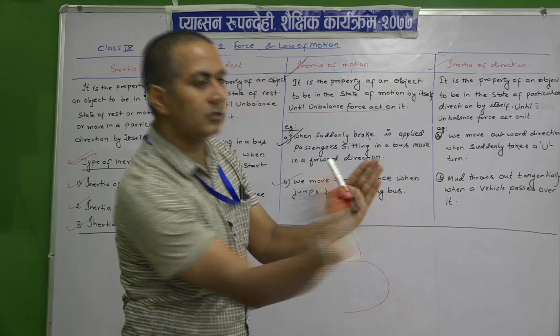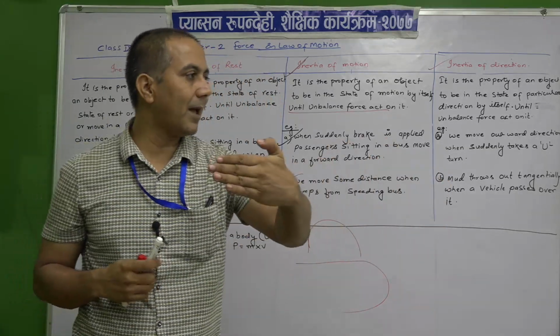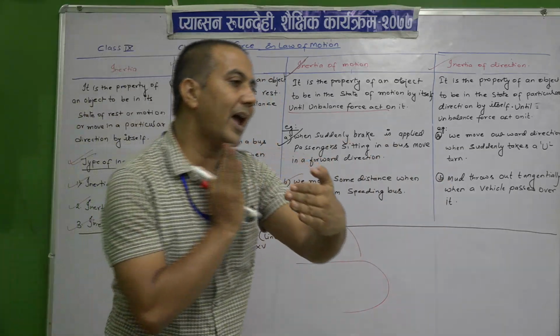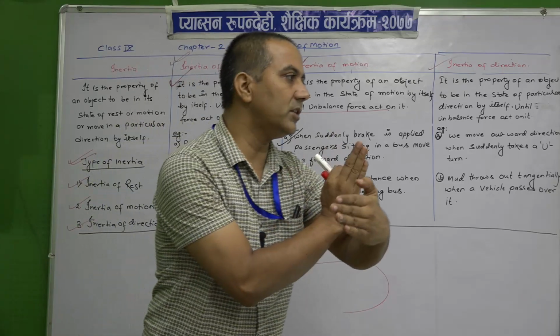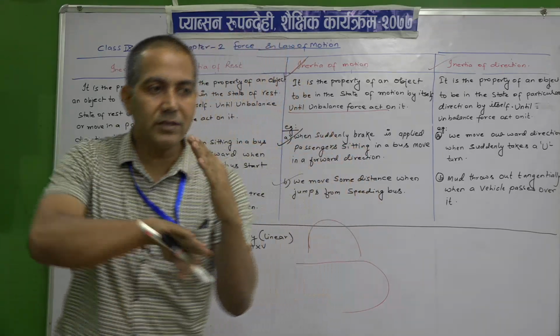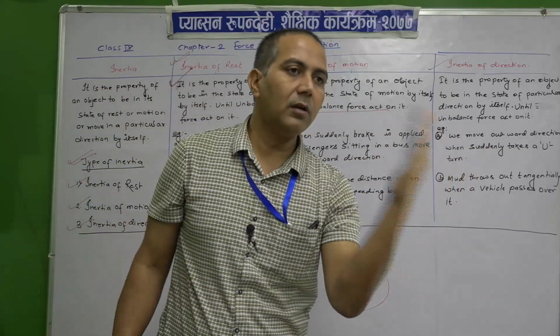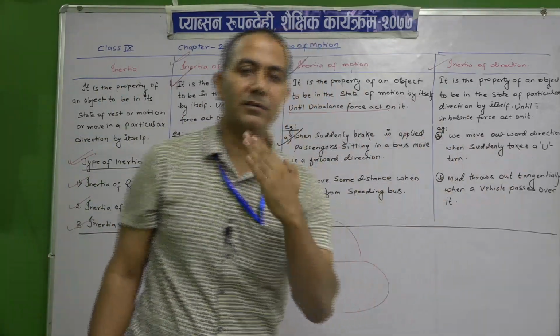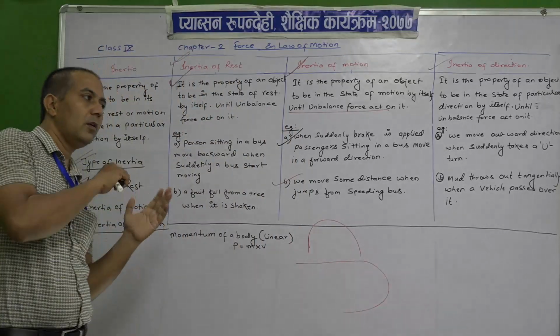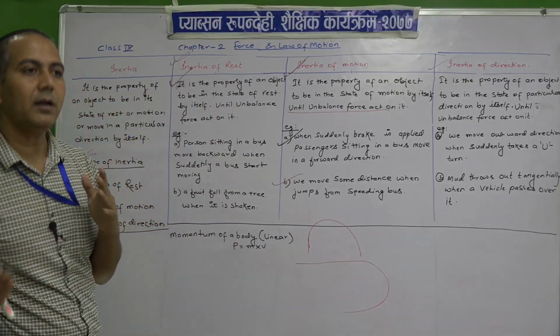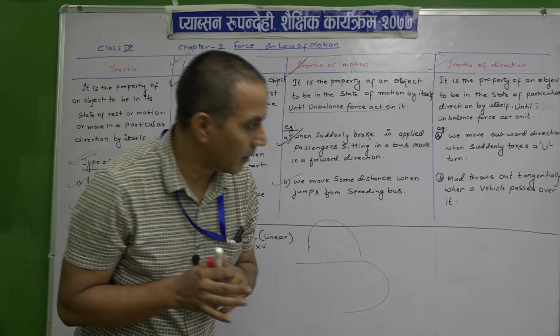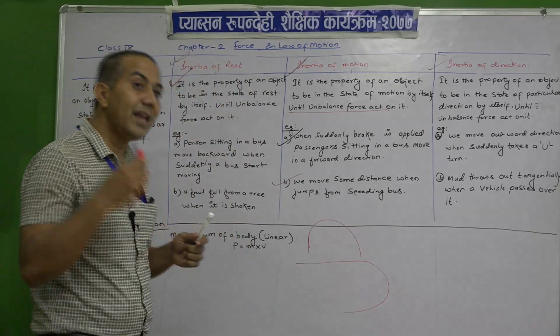But when it takes a turn, our body will try to stay in a straight position, but due to the change in direction, our body will also be unbalanced. Therefore, all of a sudden it will move here and there. Now comes the next example.